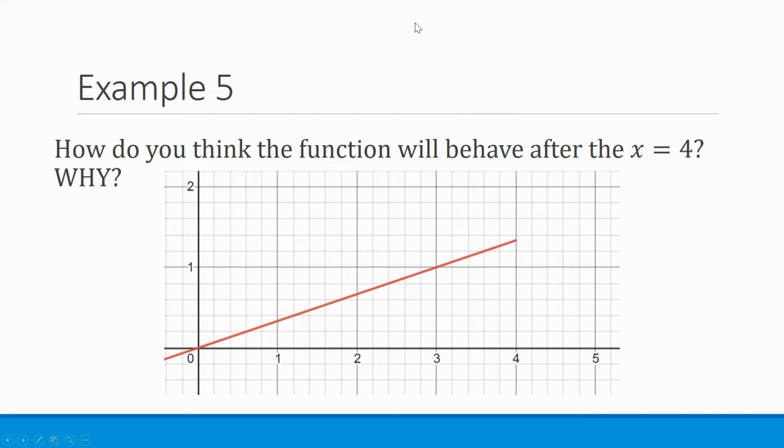Now, the most reasonable guess is probably that the function will keep going in about the same direction after we hit 4. And that's all we're trying to get you to do, is to say, if I have a straight line, I think that beyond 4, we're going to keep that same pattern.